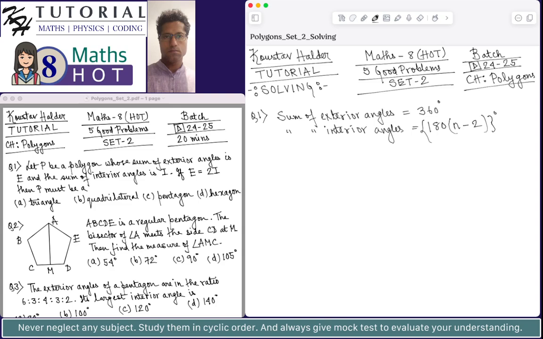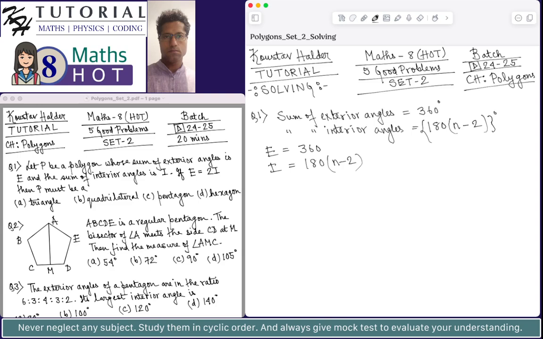Now in this problem we have E is equal to 360 degree. I am ignoring the degree. And I, that is in this problem I is said to be the sum of interior angles, which we can say will be 180 multiplied by n minus 2.